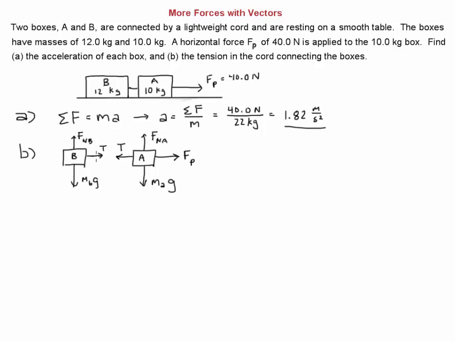The question is, do I need those forces in order to solve for the tension? In this case, it turns out I don't. If there were friction in this problem, which we would know because it wouldn't say something like smooth up here, then that would change things. When we introduce friction later, we will do problems similar to this with friction involved. But for now, all we have is tension.